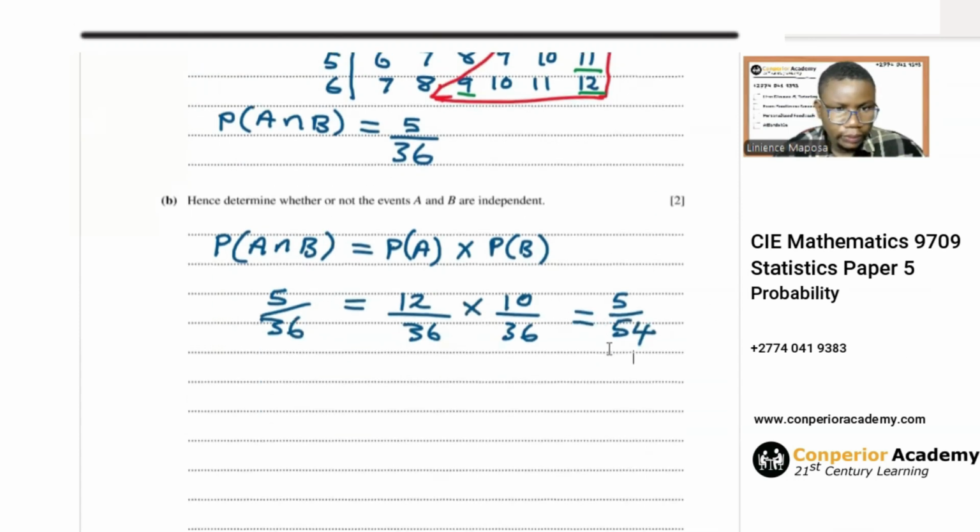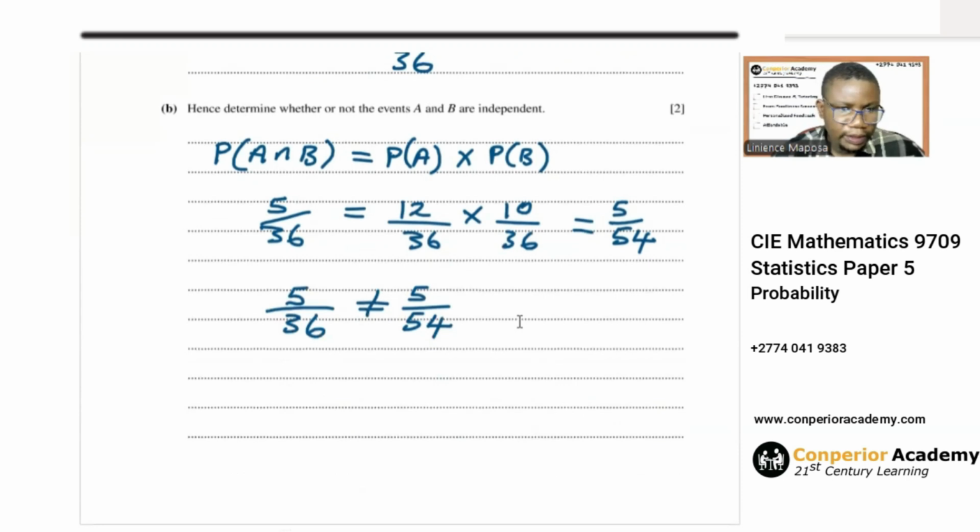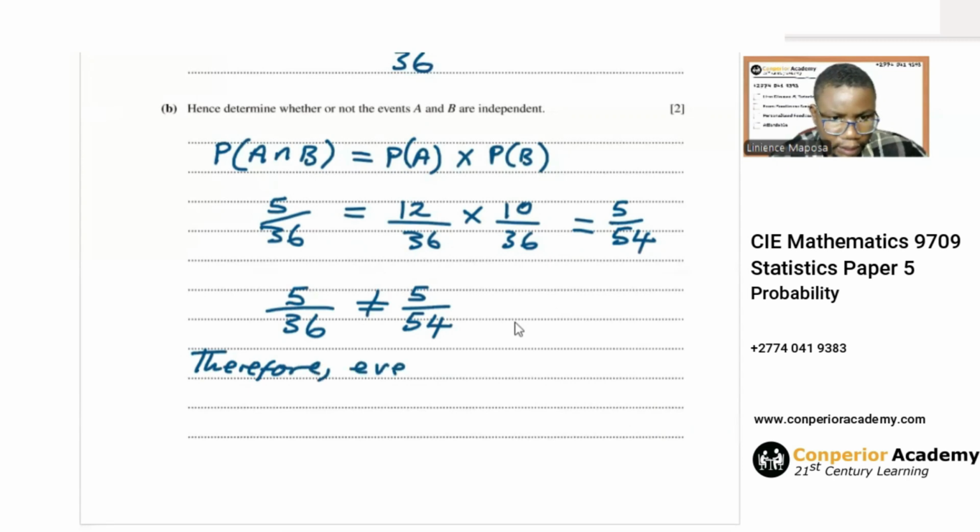So then we can conclude that 5 over 36 is not equal to 5 over 54. Therefore, events A and B are not independent.